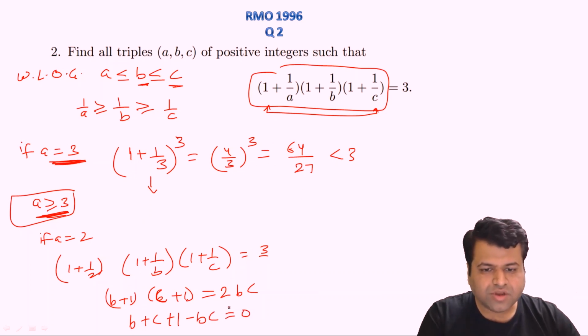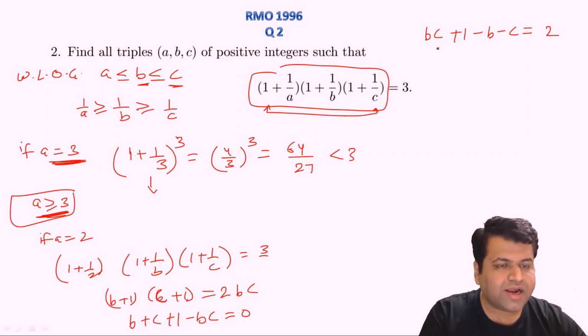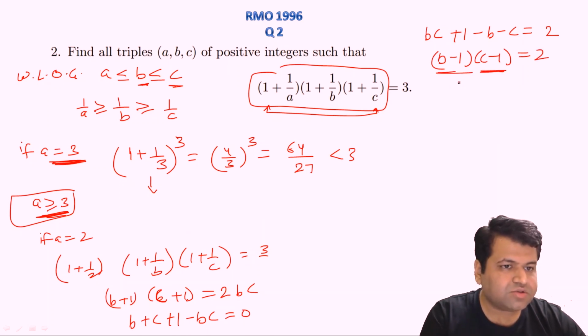All right, so if we factorize this, we can say that B times C plus 1 minus B minus C will be nothing but 2, right? And the factorization of this will be (B minus 1) into (C minus 1) equal to 2, and since both are integers, it is only possible as 1 into 2 or 2 into 1, right?